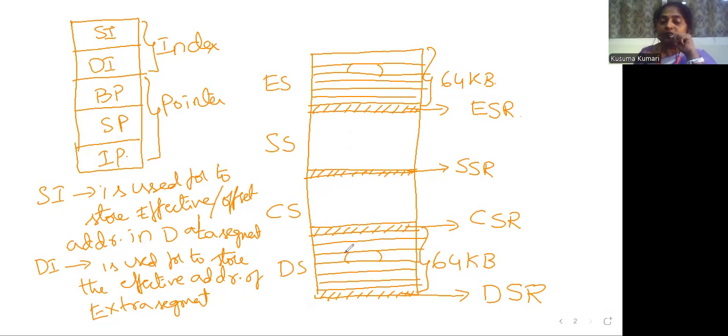Then in this data segment, the offset address is available in the source index, and this offset address is available in the destination index register.